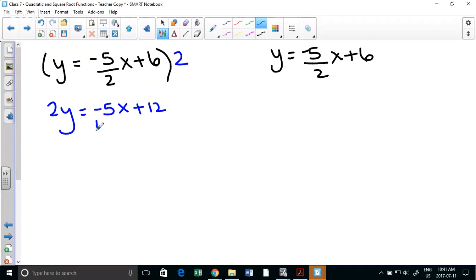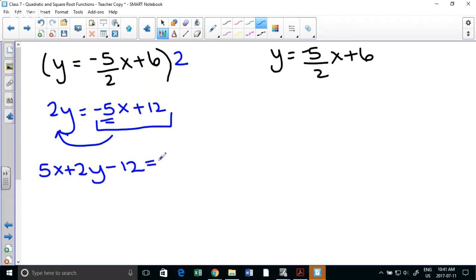I need one side to be 0. This is negative, so I'm going to move this over. 5x plus 2y minus 12 is 0. I multiplied by 2. Why did I multiply by 2?